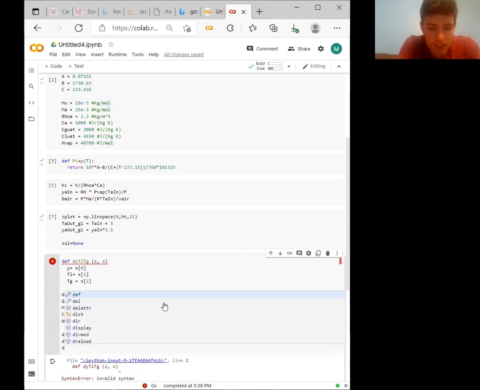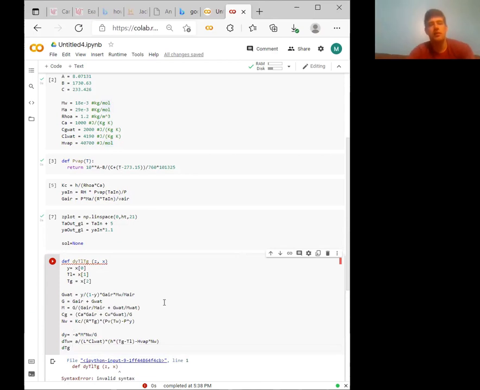Going on to the third equation, that is the rate of the temperature of gas, the rate that the temperature of gas is changing. We're going to eventually put that in its respective position.